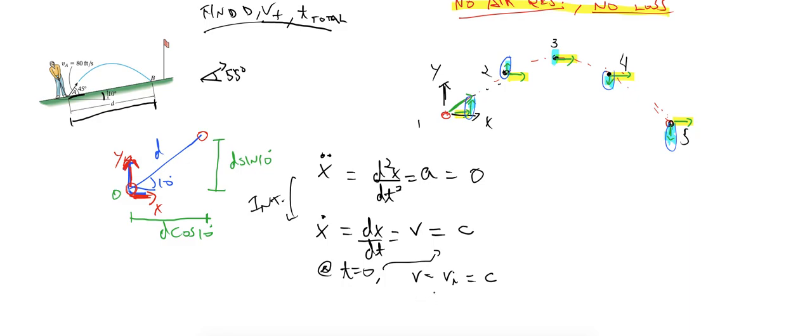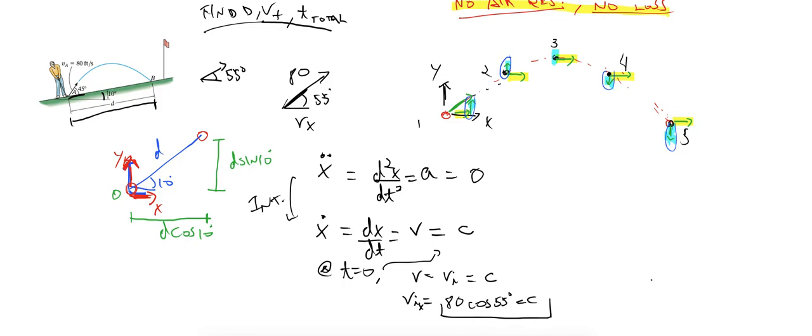And what's the initial velocity? Just real quick, our vector was 80, and then we have an angle of 55. So in the x direction, v initial x is equal to 80 cosine of 55, which is indeed equal to c.